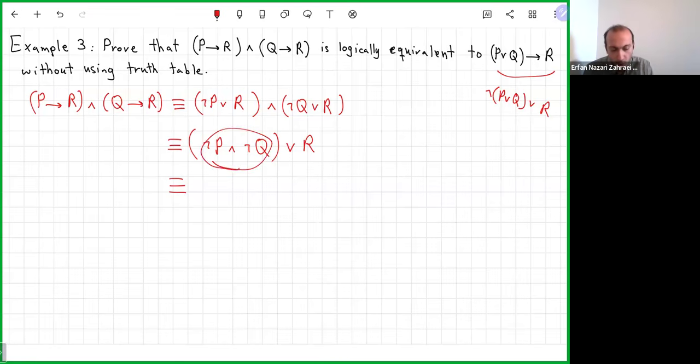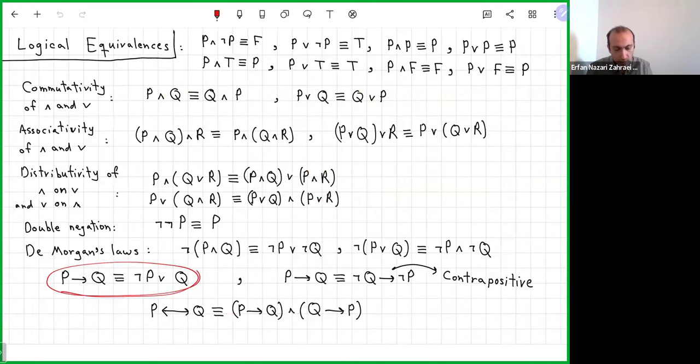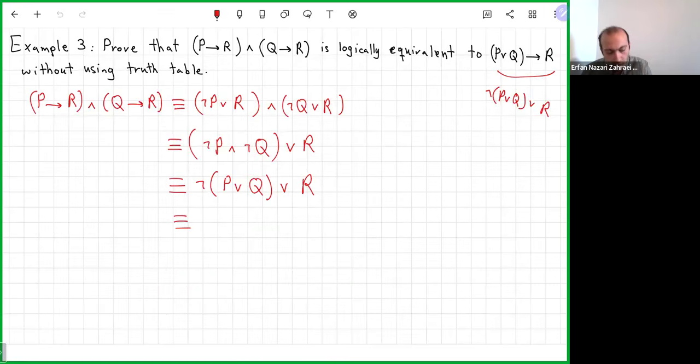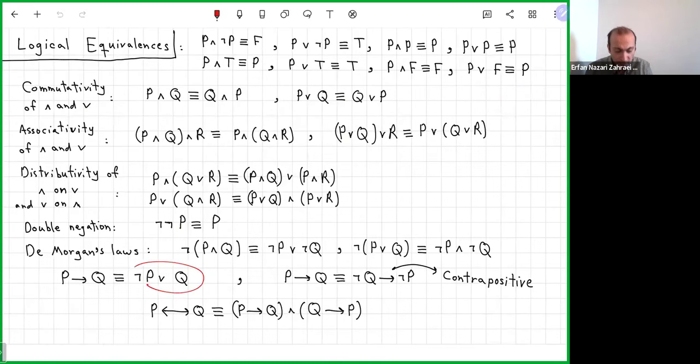So now I use De Morgan here, which is negation can be taken out. Then you need to swap the operator in between. So it becomes P or Q or R. Now again I use this step in the other way. Now I have something like this.